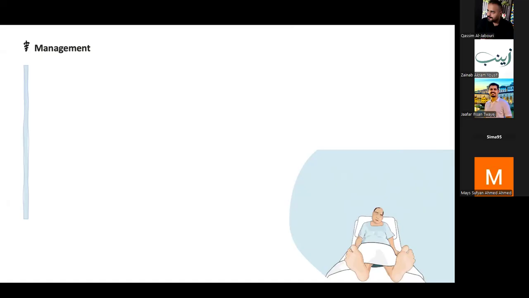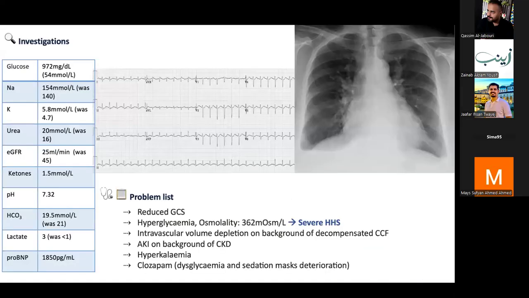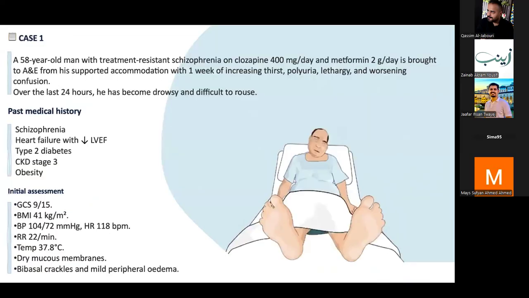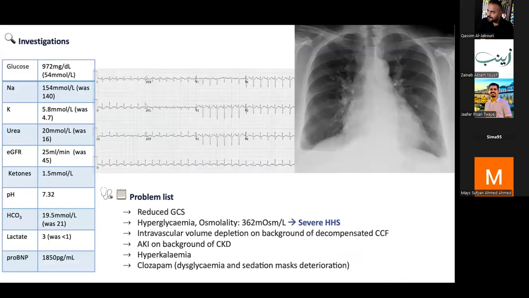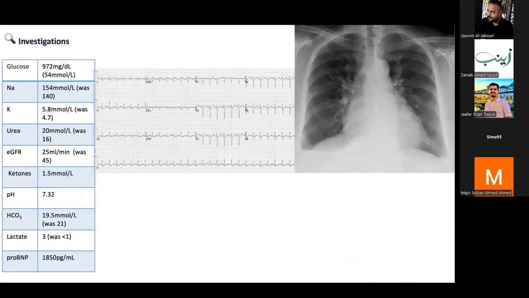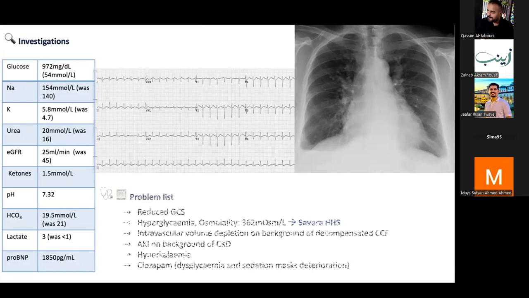Furthermore, was the saturation okay? I didn't put it, so I would assume it's normal. Right, so breathing is okay. Circulation: where is the capillary refill time and urine output? I would check. I'd say slow, seconds. Oh gosh.